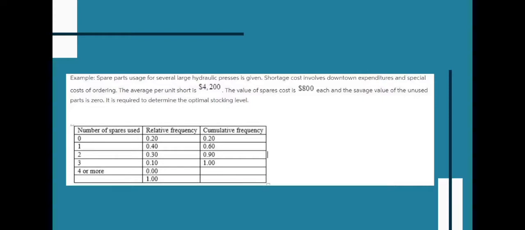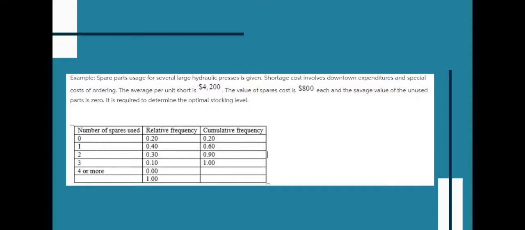The value of a spare part is $800 each, and the salvage value of the unused part is 0. It is required to determine the optimal stocking level.